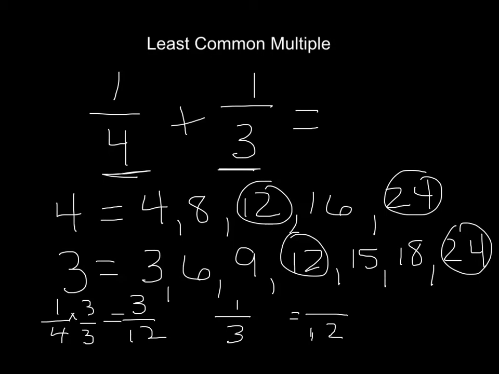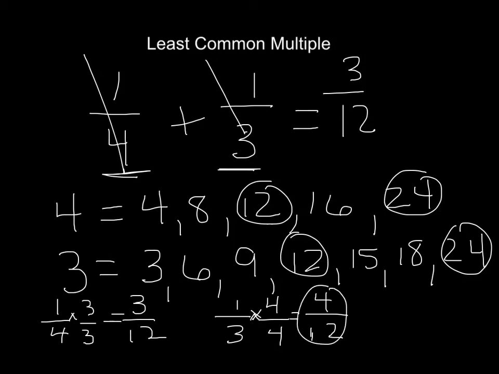So in order to get 3 to 12, I have to multiply by 4. And whatever I do on the bottom, I need to do on the top. 3 times 4 is 12, 1 times 4 is 4. So I know now that I'm going to change my 1/4 into 3/12 and my 1/3 into 4/12.